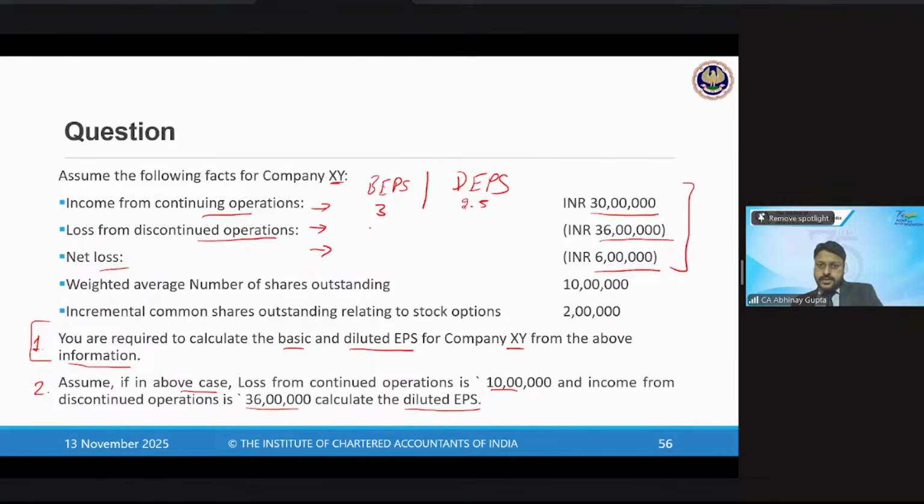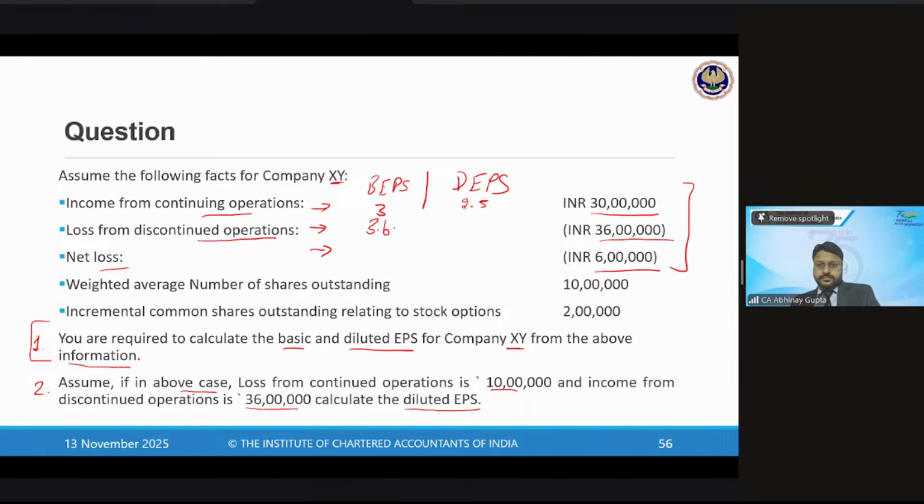Then discontinued. For this, we have to calculate separately without considering income from continued operations. So basic comes to 3.6.